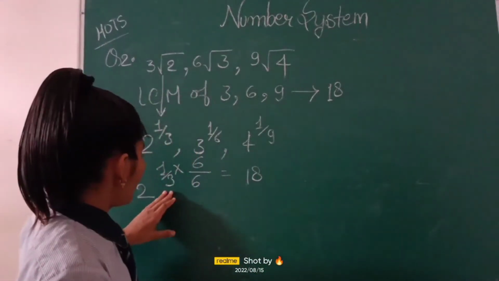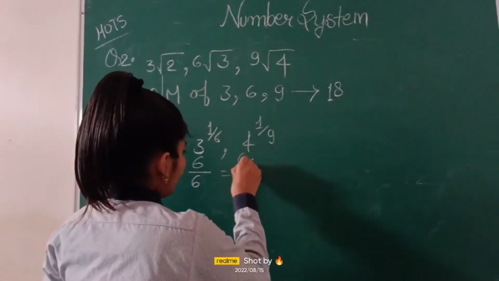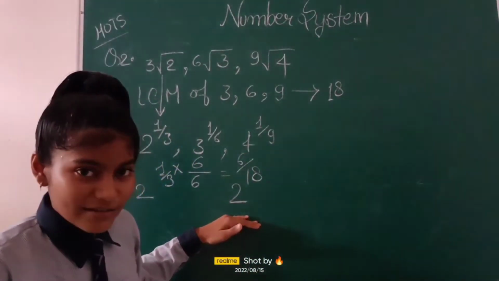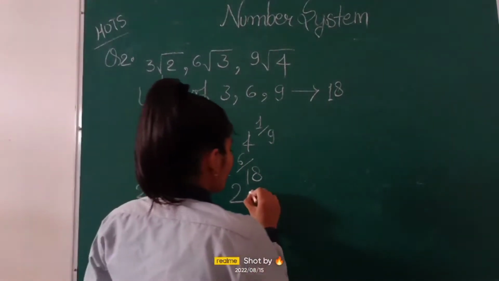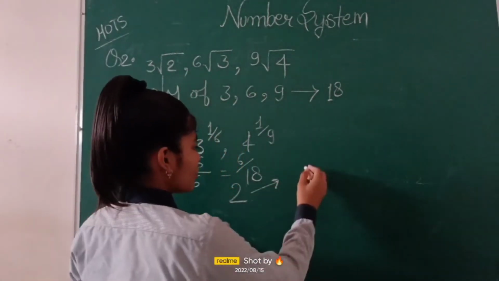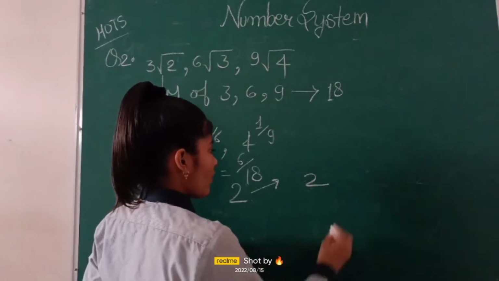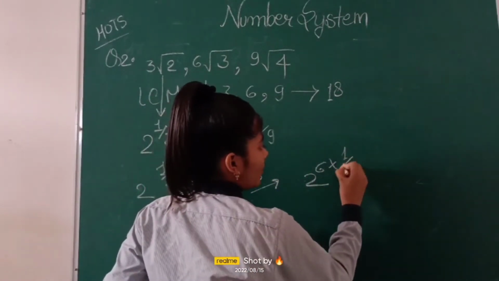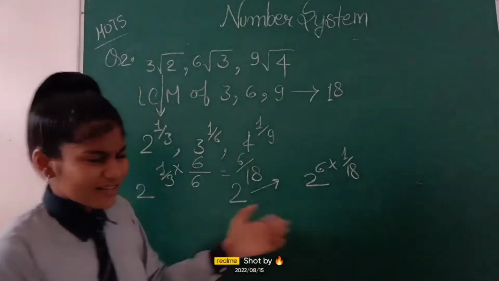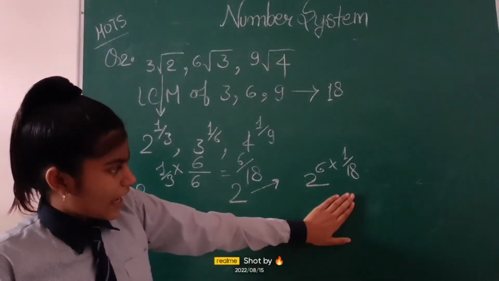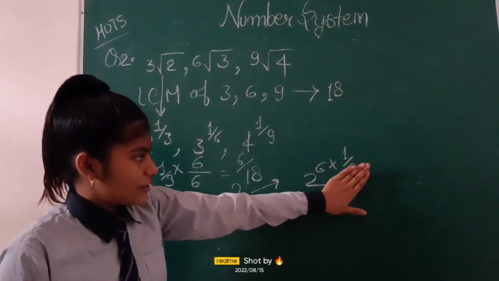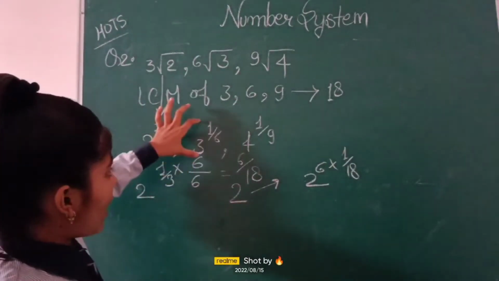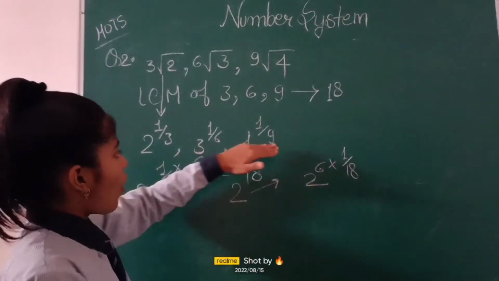So you got 6 by 18, 2 raised to the power 6 by 18. How can you write 2 raised to the power 6 by 18? You can write this as 2 raised to the power 6 into 1 by 18. Yes, simple. This is the simple trick which you have to follow in all these things.